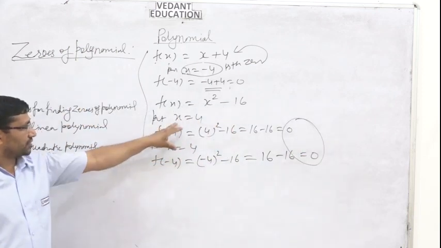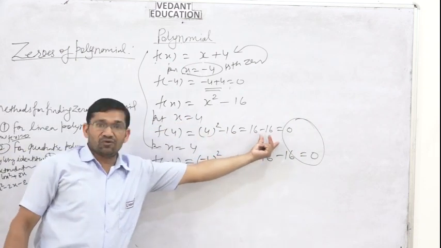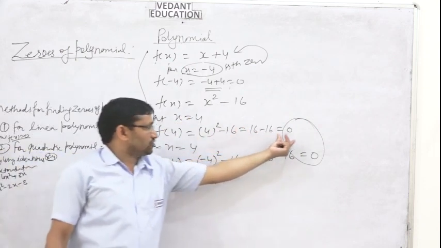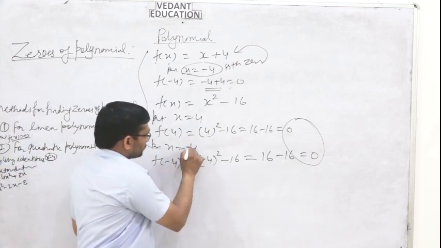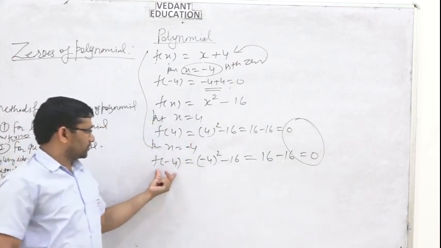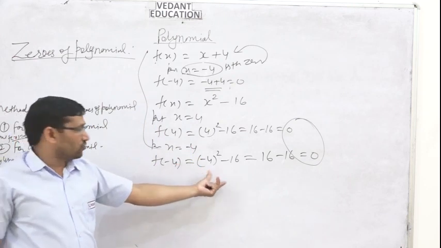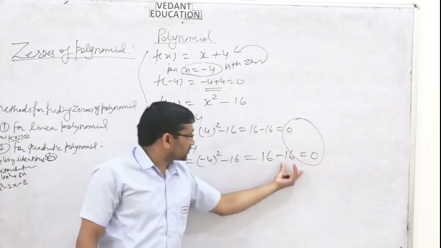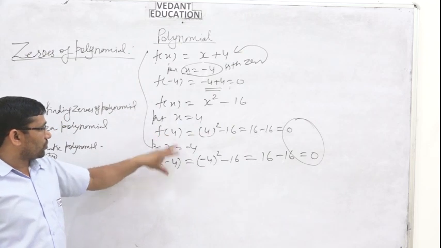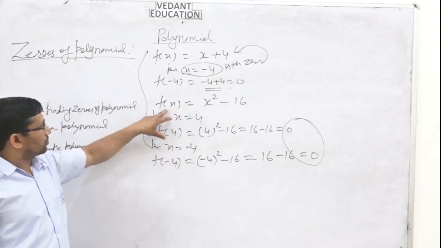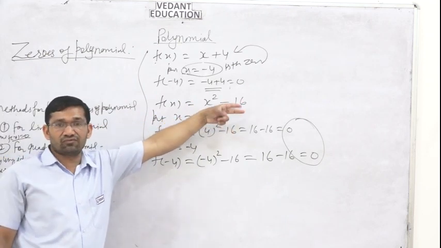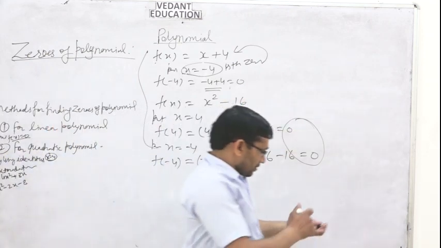If we put x is equal to 4, then the value of the polynomial is 0. If we put x is equal to -4, then again the value of the polynomial we get 0. It means x is equal to 4 and -4.